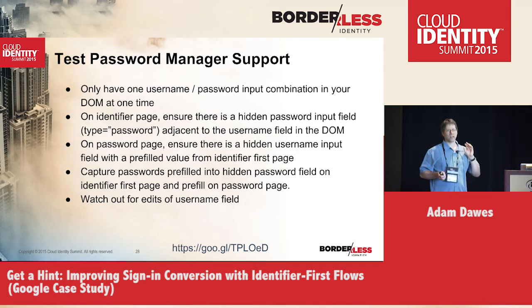And then the other thing is, while identifier-first breaks into 2 pages, the assertion of the username and then the challenge, the password challenge in the case of a password login, you'll want to actually have both fields on both pages, but you just want to have one of the fields hidden in both cases, alternate fields.